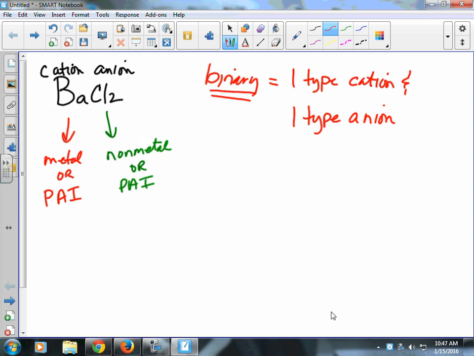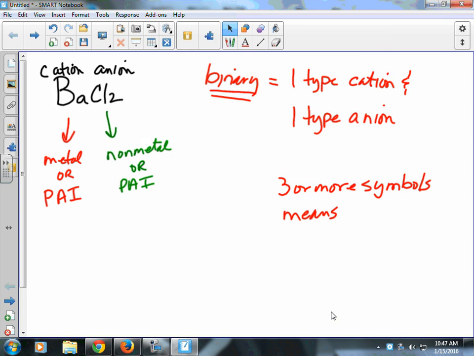So if you see just two element symbols, they're both on the periodic table. If you see three or more symbols, it means something like this.